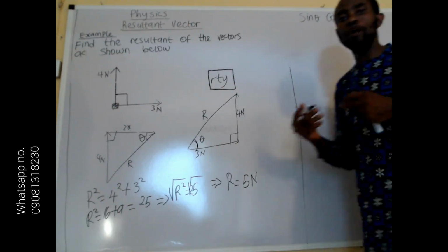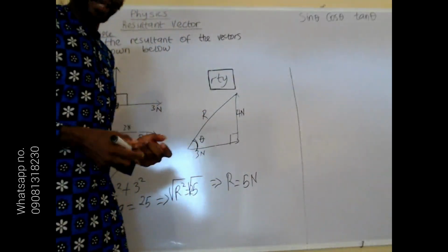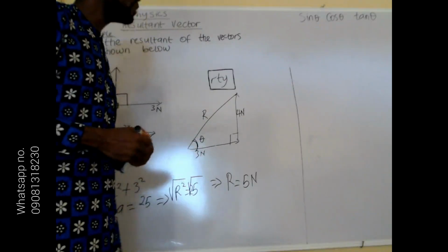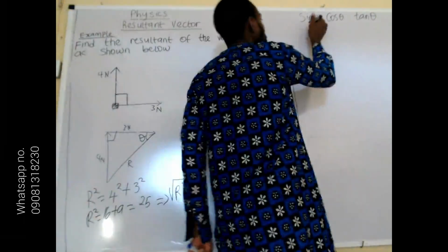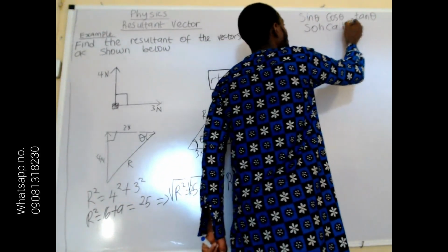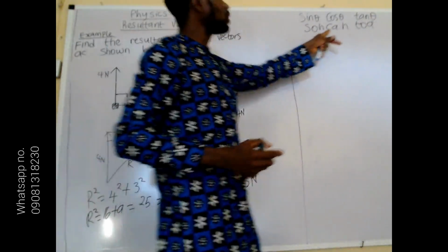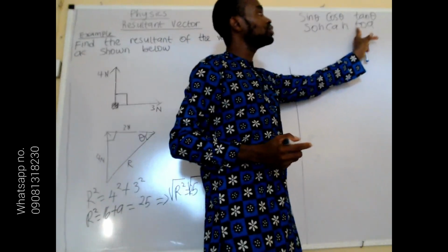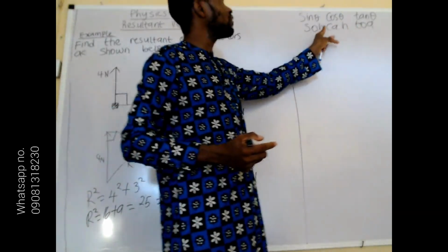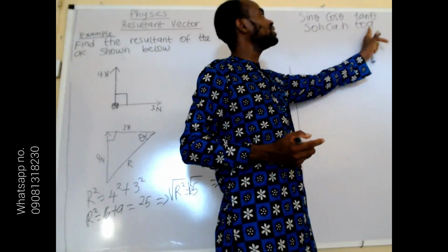So which of the trigonometric ratios is right to find our theta? There is one mnemonic which some of you already know, called SOHCAHTOA. This is going to use sine, this is going to use cos, and this is going to use tan. Sine is opposite over hypotenuse, cos is adjacent over hypotenuse, tan is opposite over adjacent.